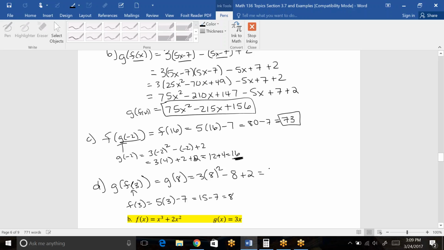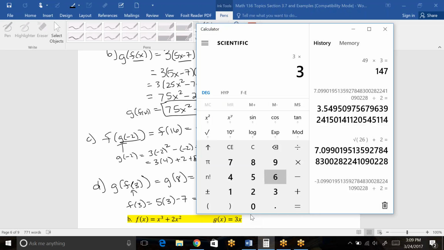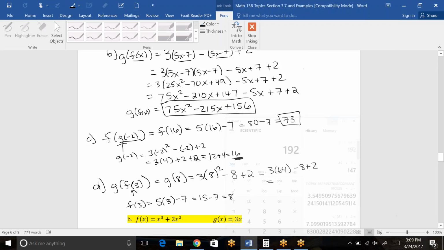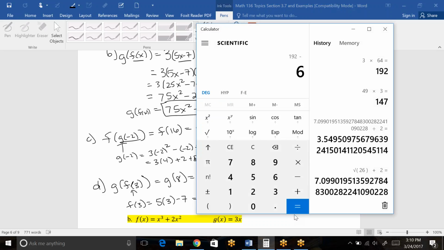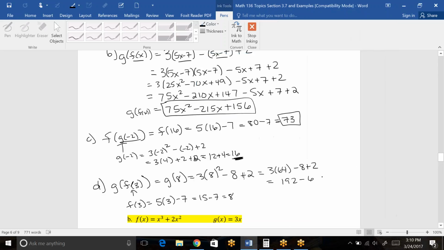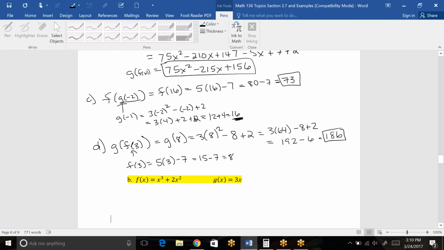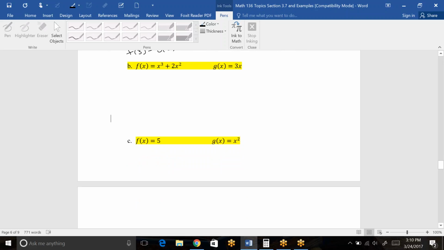So this was 3 times 64 minus 8 plus 2. 3 times 64 is 192 minus 6, 186. So notice that this is really just substitution and evaluation. That's all that's really going on here.